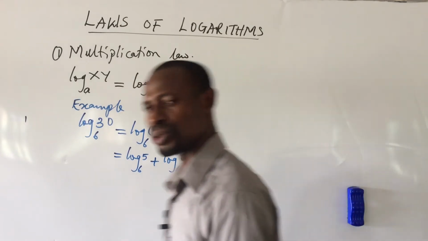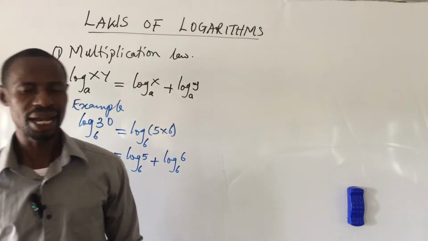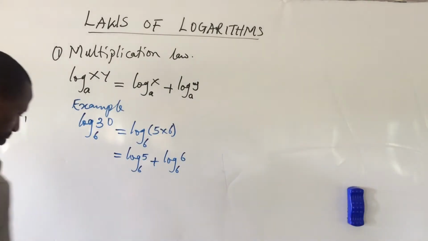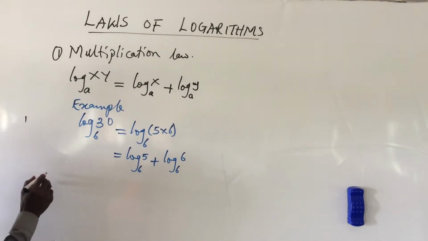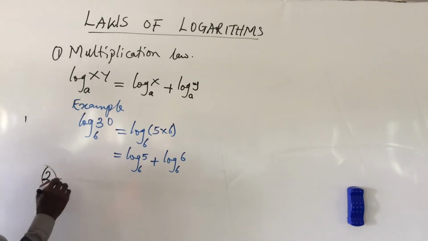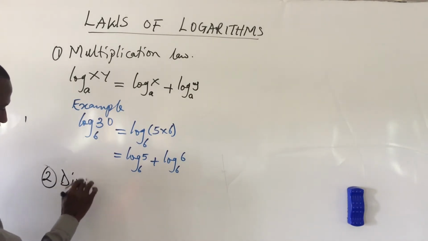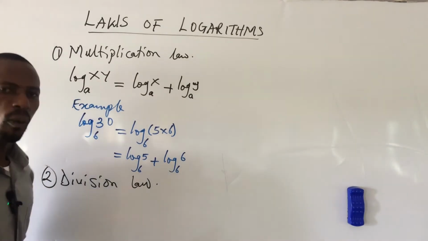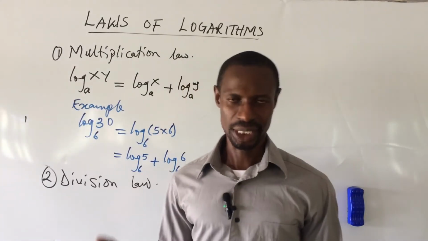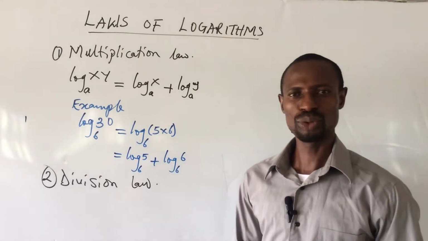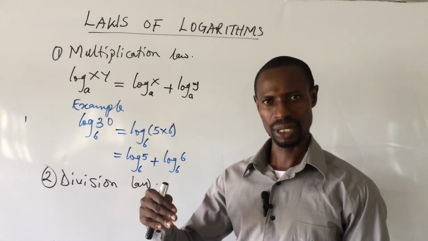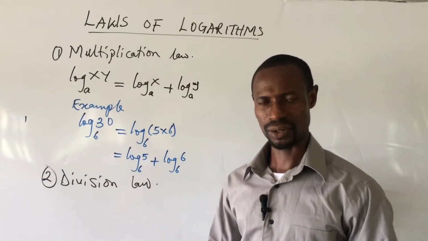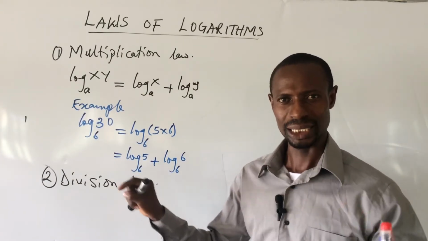And that takes us to the next one, which is called the division law of logarithm. Law number 2, we call it the division law. And what does the division law of logarithm say? It says when you have two numbers dividing each other, a dividend and a divisor, then you subtract their logs.